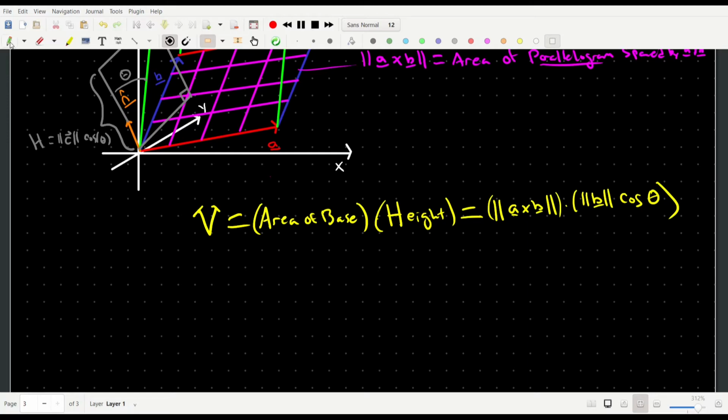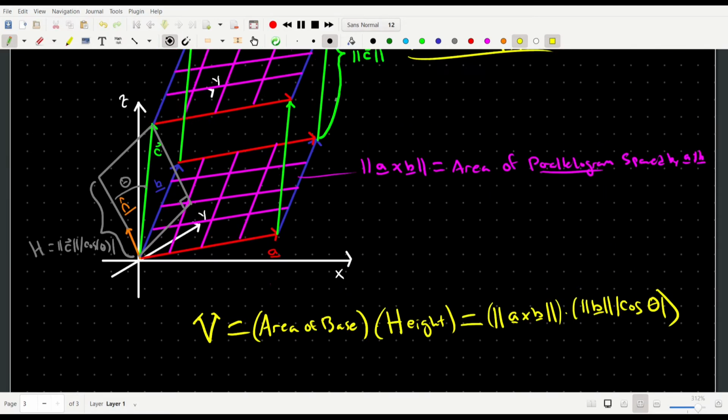This has to be the absolute value of this right here, and this has to be the absolute value then of this right here, just to make sure that we're not getting a negative value of the volume.